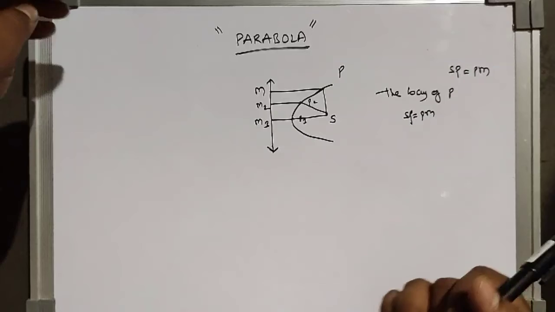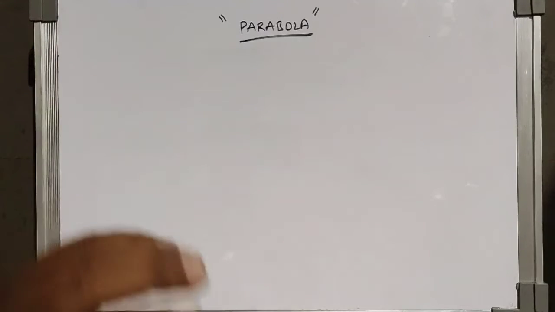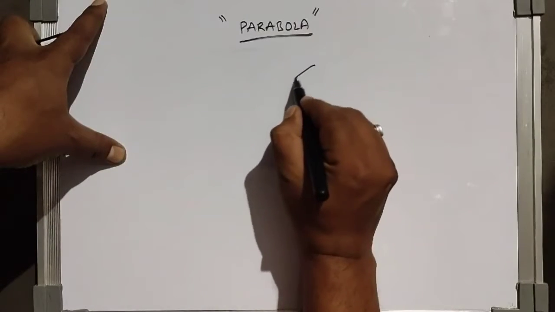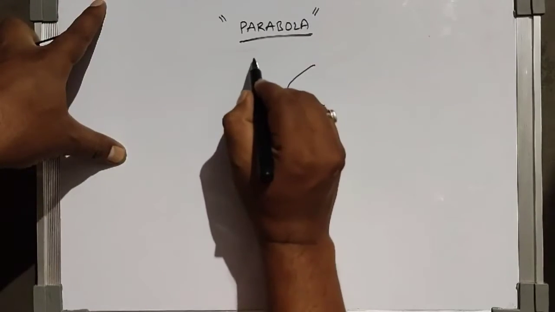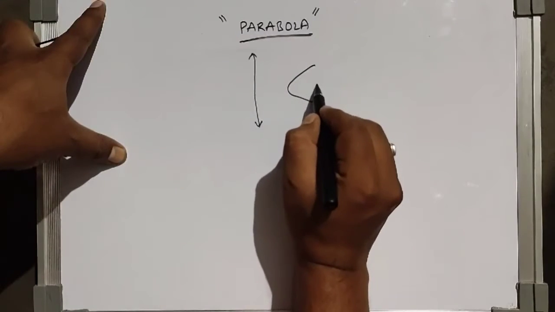Next, we have to go for the equation of parabola. In parabola, this is the fixed line and this is the fixed point.